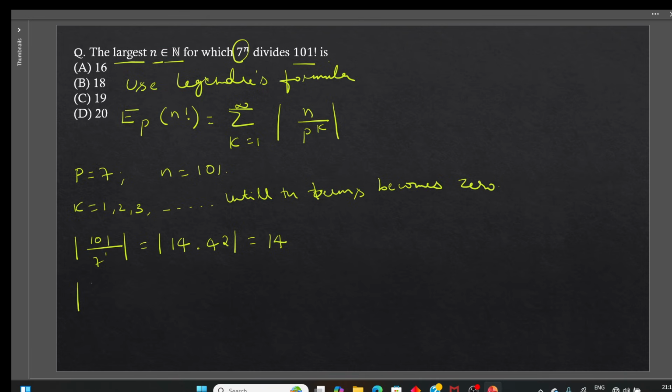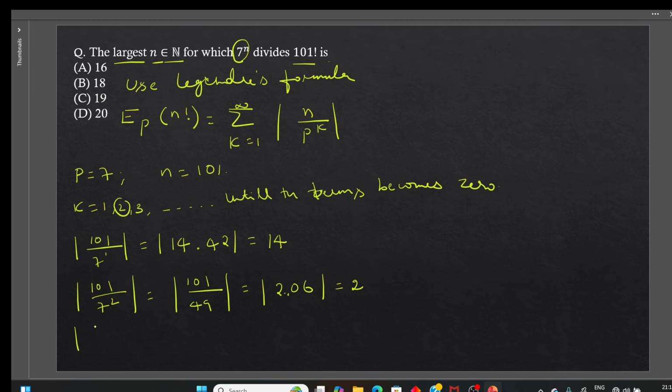Next, k is 2, so 7 square, which is 49. The floor of 101 by 49 is 2.06, which is written as 2.